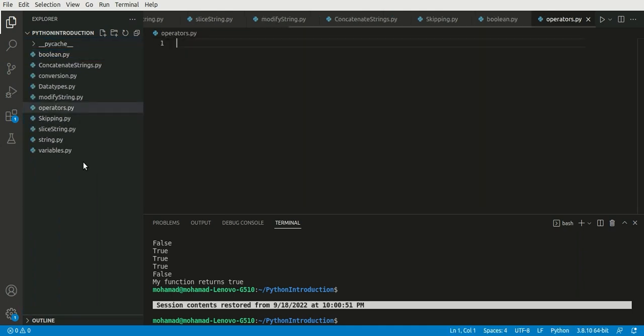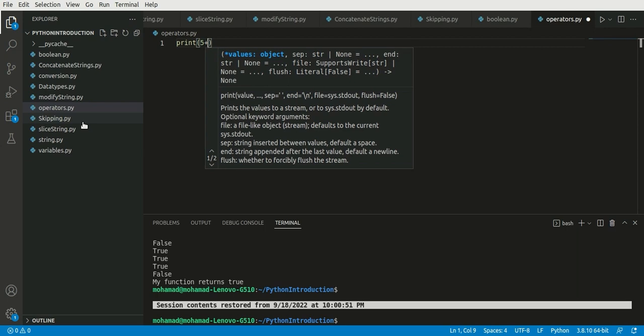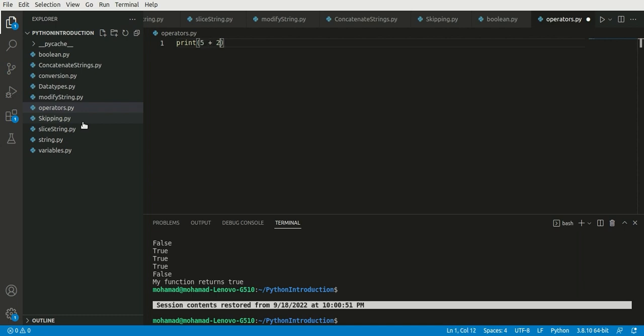operators.py. And so you're all familiar with addition. So 5, for example, 5 plus 2 will give you 7.